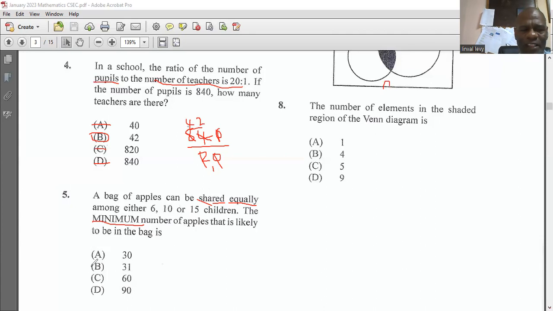Right? So it's not 31. And then let's try 30. So we're going to start with the smallest one. All right? So we say 6 can go into 30, right? How many times? 5 times. 10 can go into 30, 3 times. 15 can go into 30, 2 times, right?